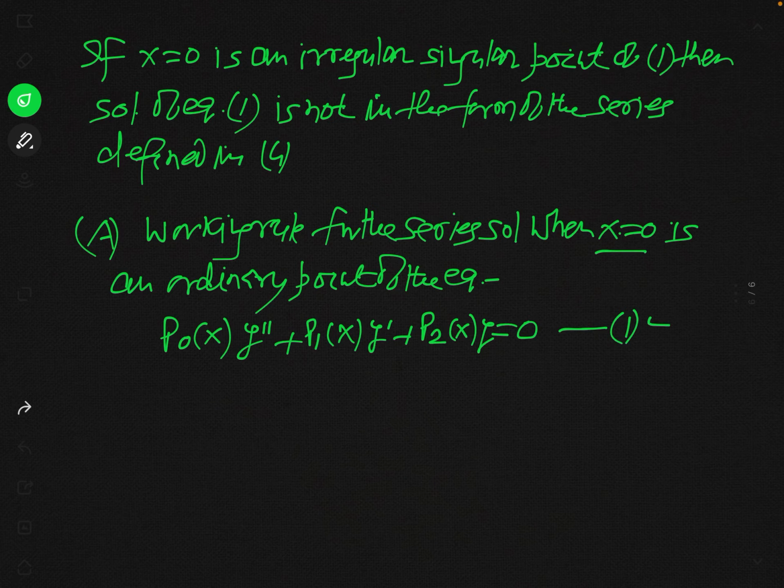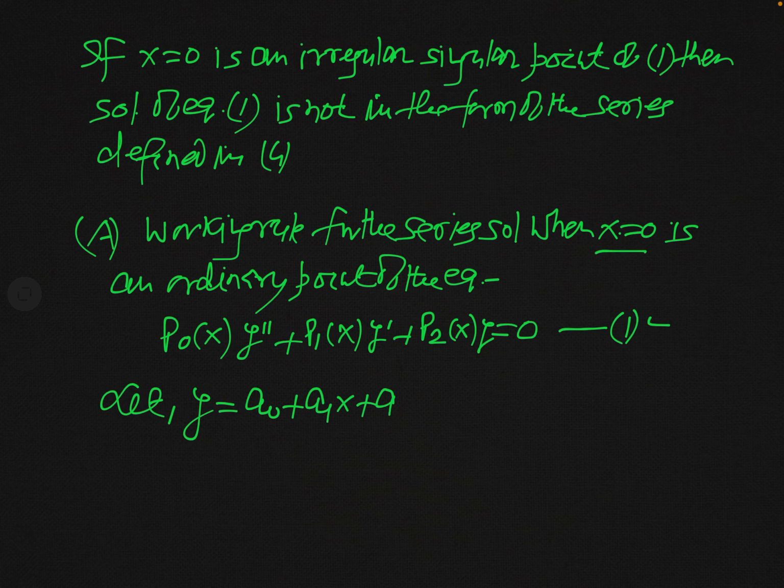So you know that if x equal to 0 is an ordinary point, then the solution of this equation 1 is written in the form of a particular series. In this condition the solution will be y equal to a naught plus a1x plus a2x square plus so on, plus an x to the power n plus so on.